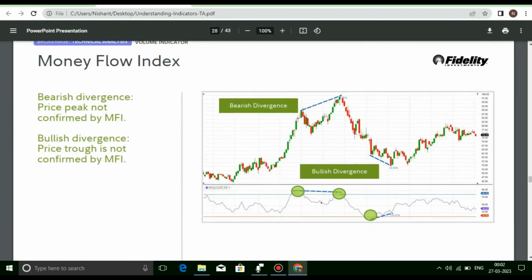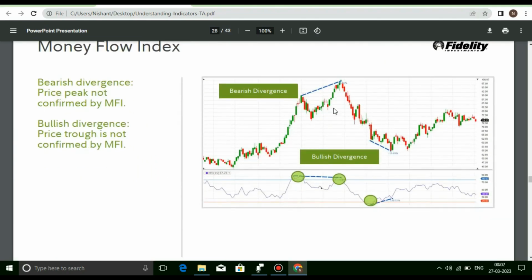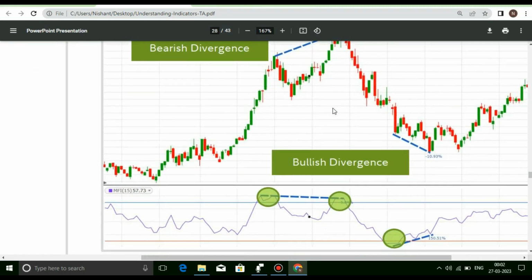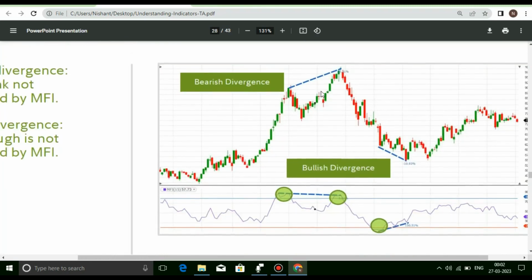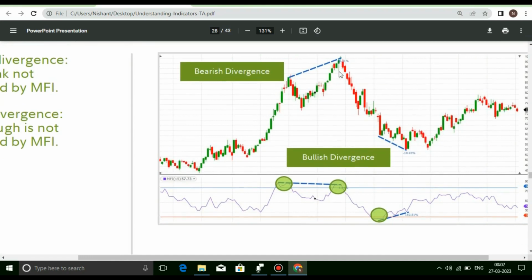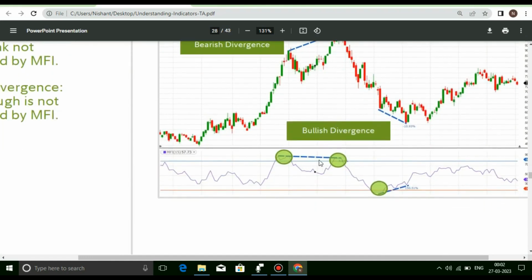And one thing I've missed in this is the divergence. The money flow index can also tell you the divergence, as I've already said. Look here, the price movements are going upwards, and the money flow index at the same time is having a bearish divergence.